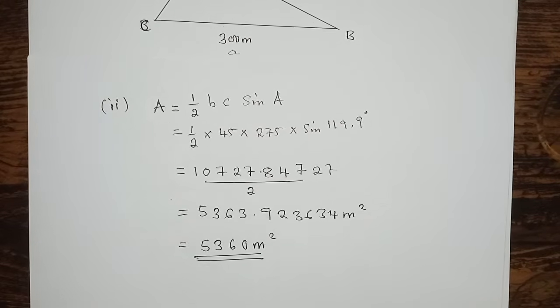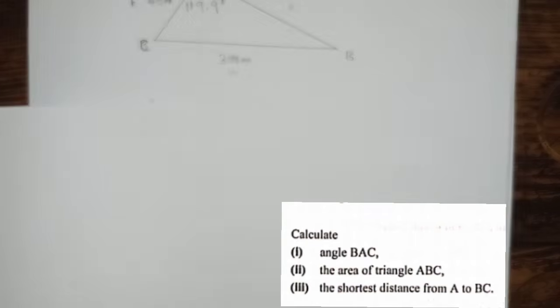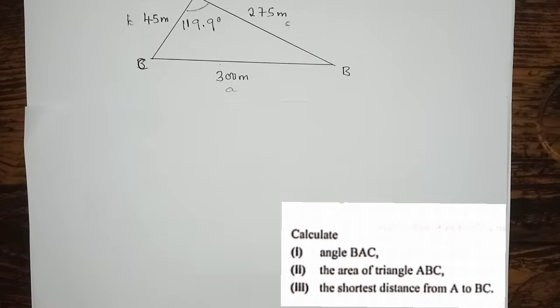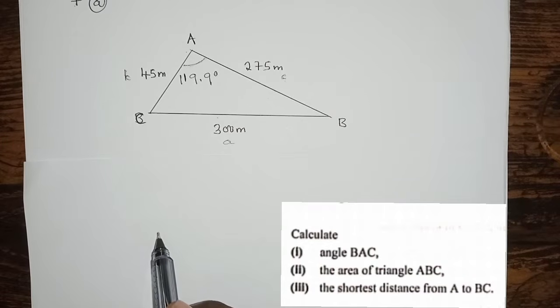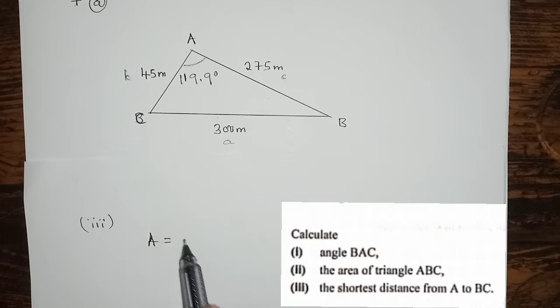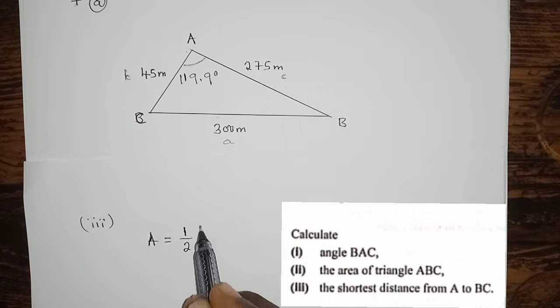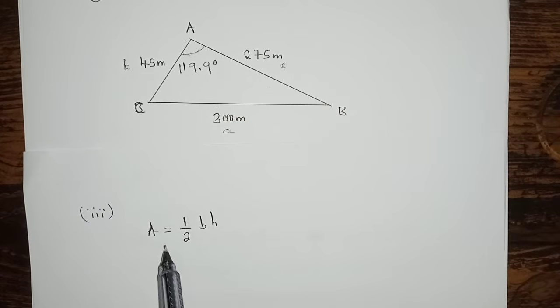We go to the next question where they want us to find the shortest distance. For the shortest distance, we are going to use the formula for finding the area of a right angle triangle. We say area, and actually this is the number 3, Roman numeral 3. Area is equal to half multiplied by B by H. This area, we just found from our previous question.